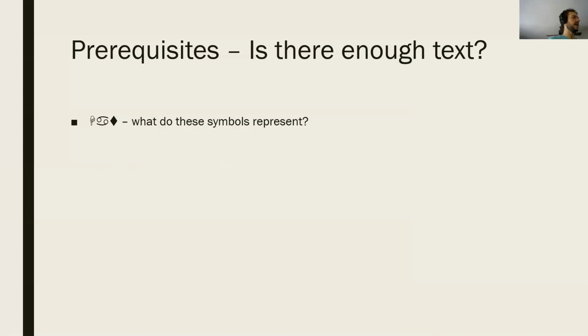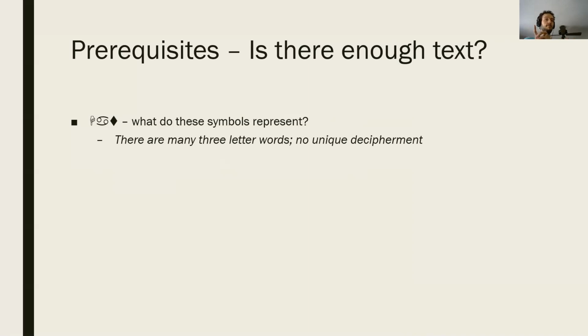If you see a set of three symbols, like this hand, these two other symbols, and the black diamond, and I tell you that this represents a three-letter word in English, how would you be able to decipher that? Well, it's basically impossible. There are so many three-letter words which could fit and make sense in this context. There is no unique solution to this problem.